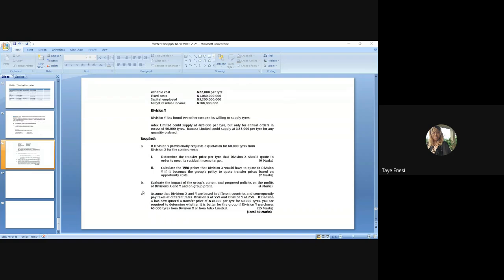If Division X has now quoted a transfer price of 30,000 naira per tire for 60,000 tires, you are required to determine whether it is better for the group if Division Y purchases 60,000 tires from Division X or from Hardest Limited.